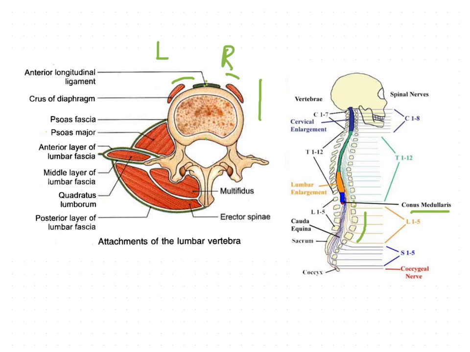Okay, and all these lumbar vertebrae also contain the spinal meninges. That means the coverings of the spinal cord. It does not only end at the tip of the conus medullaris, but the meninges are present till the end of the vertebral canal.